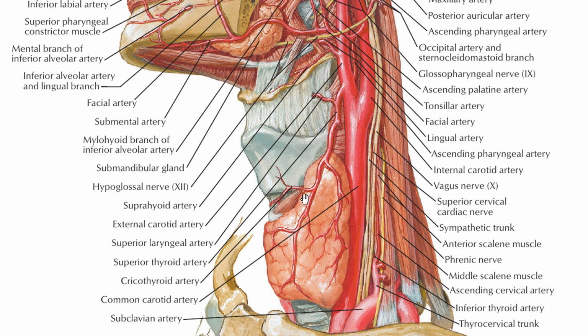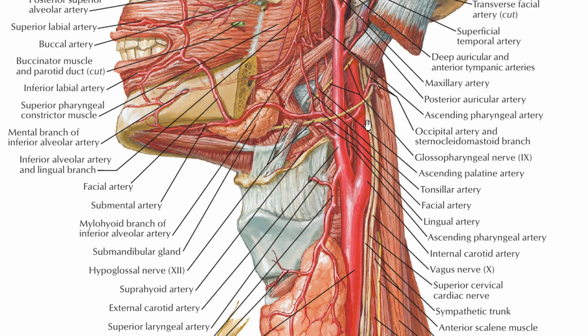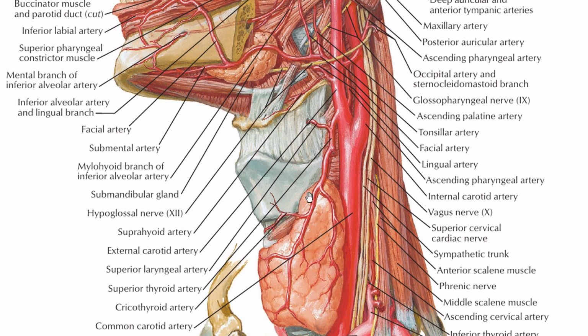And if you remember, this thyroid gland is present deep to the strap muscles or infrahyoid muscles, sternothyroid. So strap muscles are present superficial to this gland, and then sternocleidomastoid is also present superficial to this gland. So this artery is not only supplying the gland but also the infrahyoid muscle and sternocleidomastoid muscle as well.